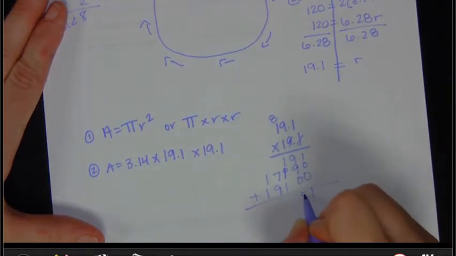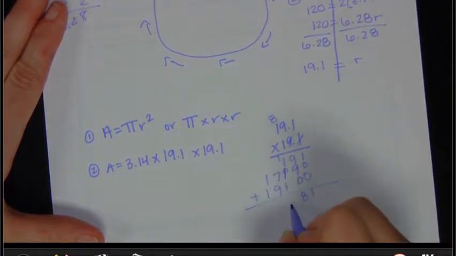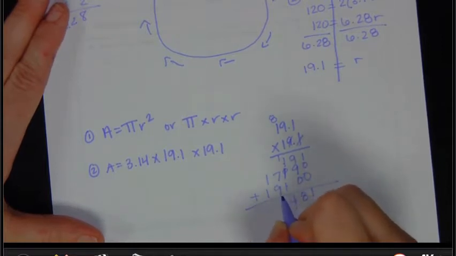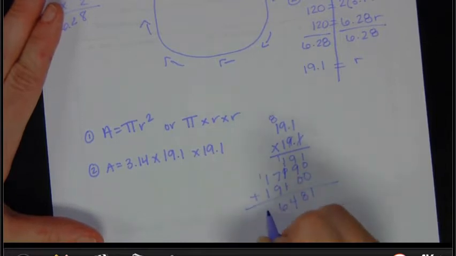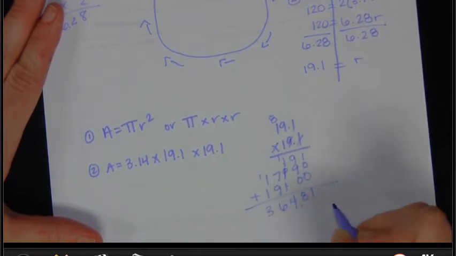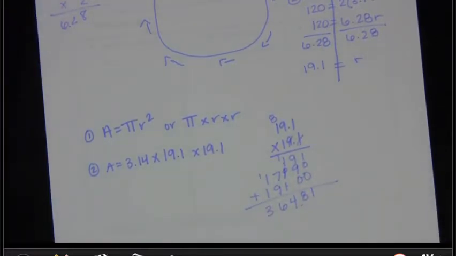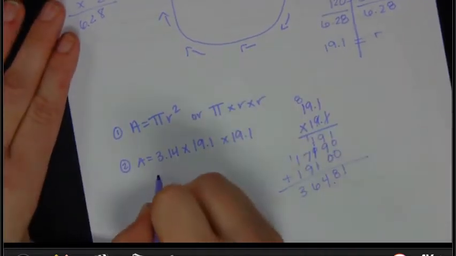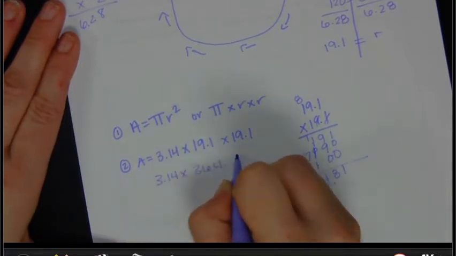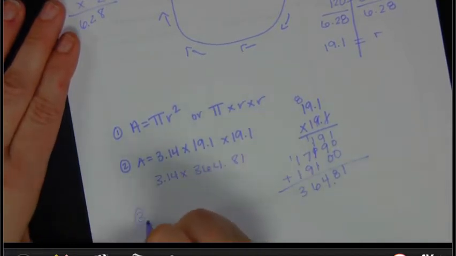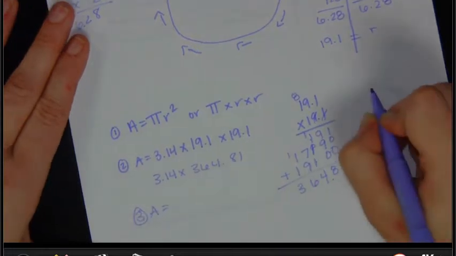Let me double check, 19.1 squared is 364.81. So 3.14 times 364.81. And my third step is to solve.